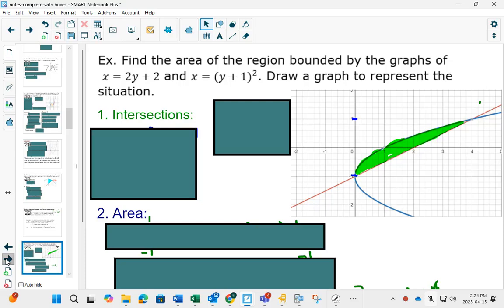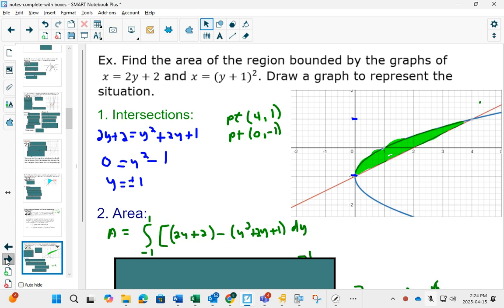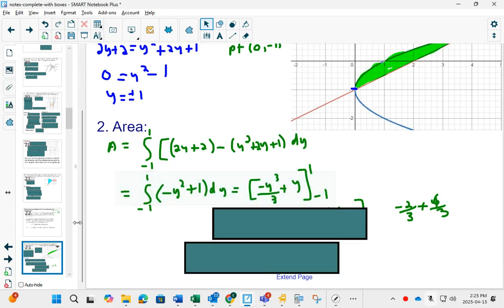So when we find our intersections, now I only really care about the y coordinates, because I want to go from -1 up to 1. And I'm going to do the curve on the right minus the curve on the left. So the line is to the right, and the parabola is to the left. And after that, everything is identical to what you've done so far.